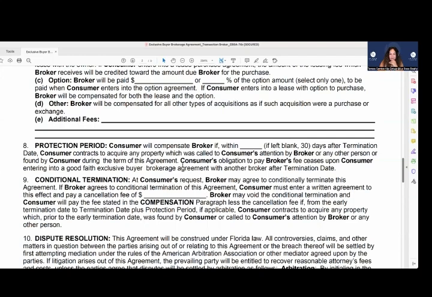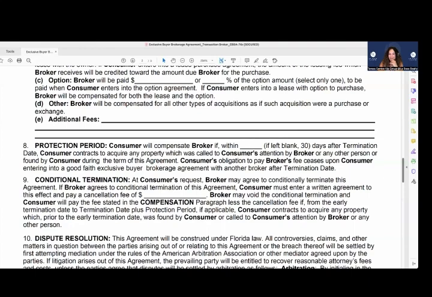And during the term of this agreement, consumer's obligation to pay broker fee stops upon consumer entering into a good faith exclusive buyer brokerage agreement with another agent or another broker after the termination date. So let's say this contract terminates today, 7/30, right? And it terminates today. But we have a 60-day protection period, right?